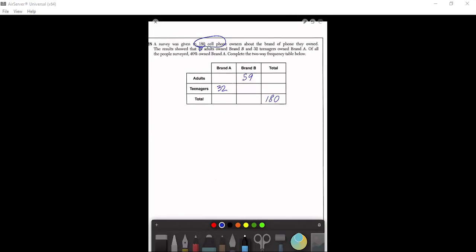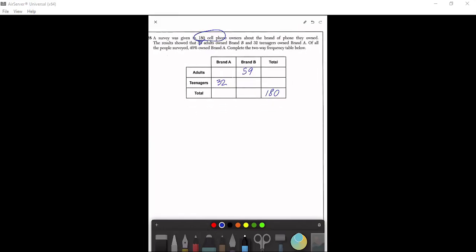And it says of all the people surveyed, 40% own brand A. So what we're going to do is set up a proportion. 40%, that's 40 over 100, is equal to, of all the people surveyed, how many people did they survey? 180. So now all we have to do is solve for this. Now, this is just cross multiply, you're done. Or if you wanted to, you can use menu 32 to solve it.